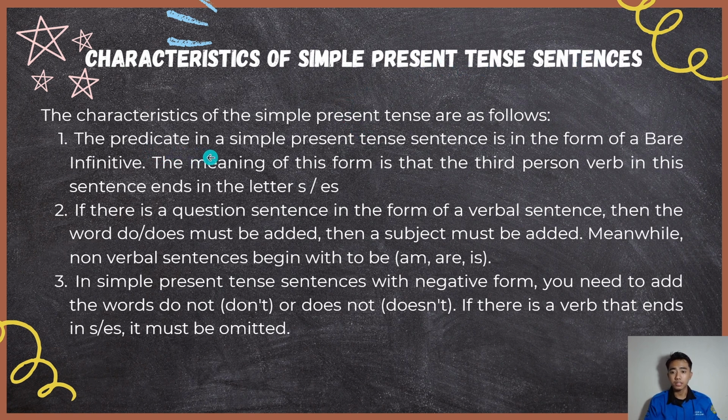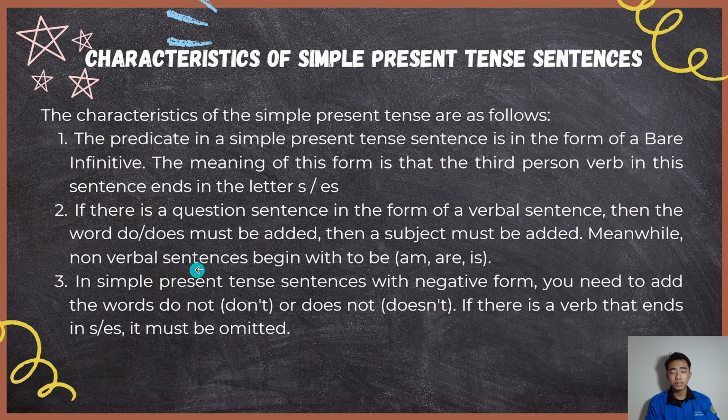First, the predicate in a simple present tense sentence is in the form of a bare infinitive. The meaning of this form is that the third person verb in this sentence ends in the letter S or ES. And then second, if there is a question sentence in the form of a verbal sentence, the word do or does must be added, then a subject must be added.